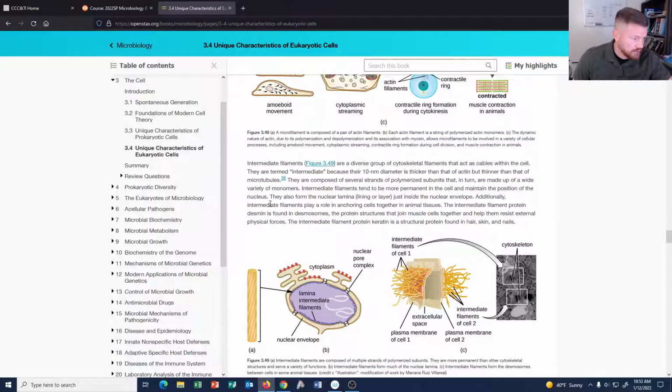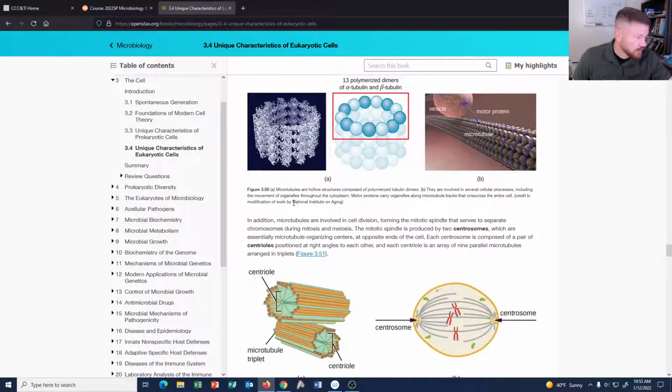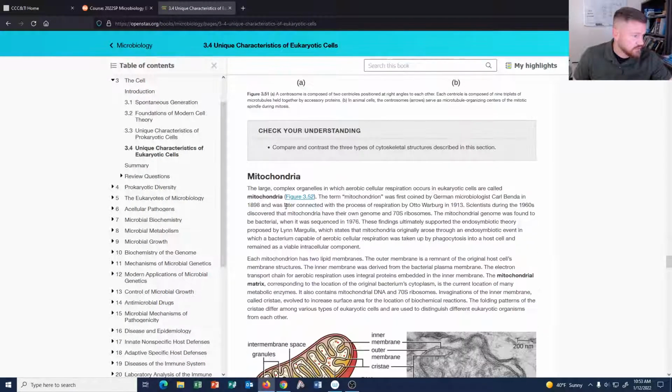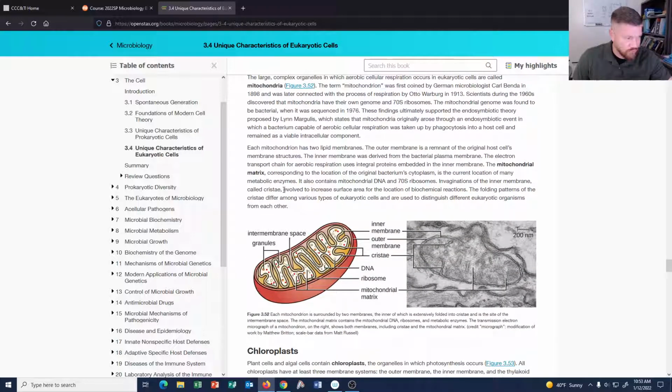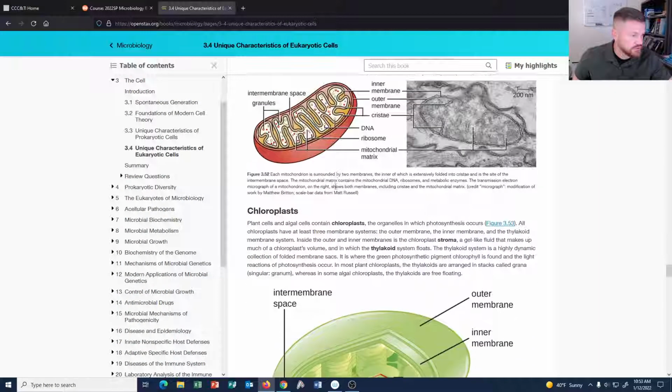So the contraction of those. What else? I don't care about the difference between these. Mitochondria I mentioned a little bit before, right? So mitochondria is the organelle that creates ATP through the breakdown of glucose. It can use other things, but glucose is the most efficient. Right? You get a lot of ATP from glucose.